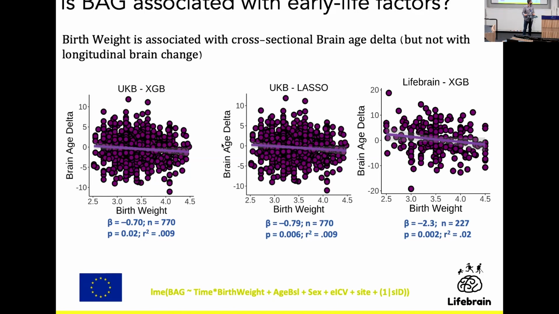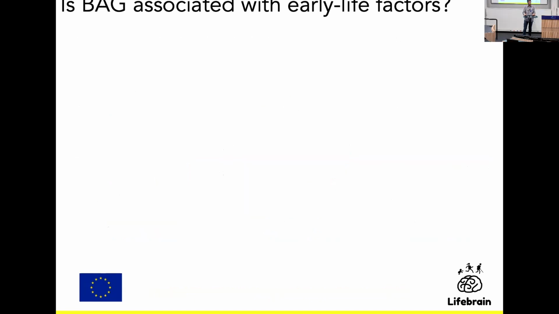This was not published, but it was replicated in both the technical and the biological replicate, and the effects also survive when we include intracranial volume. Of course, they are bigger if we do not include it. It was also quite robust to variations in how we define normality of birth weight.